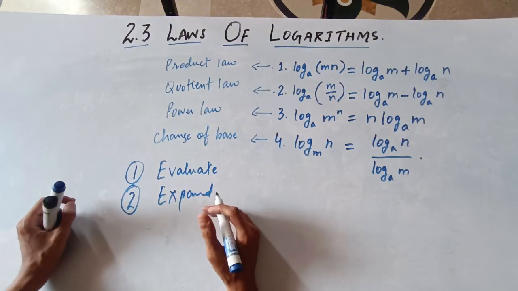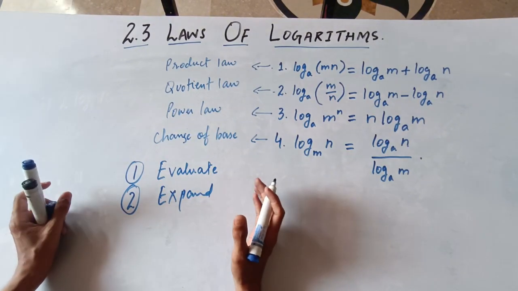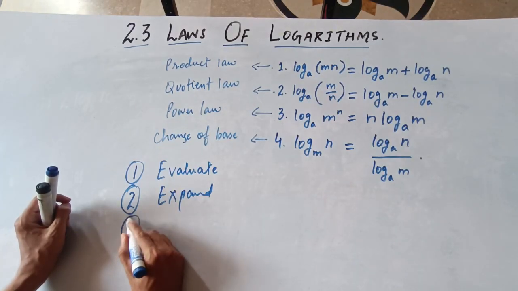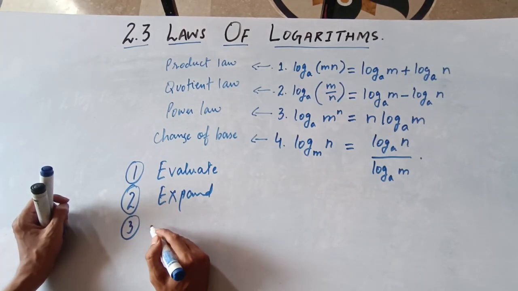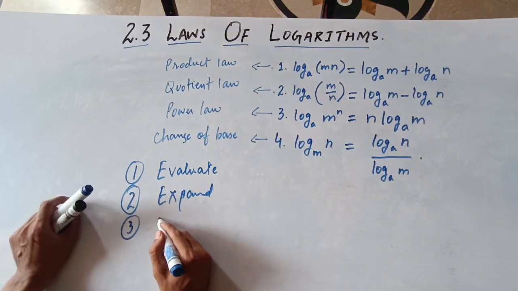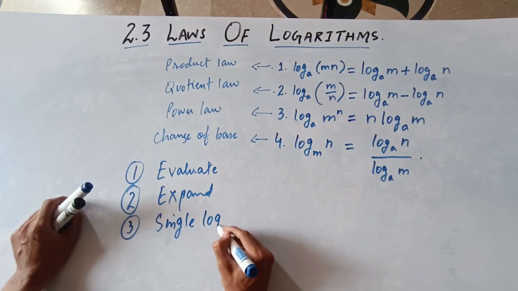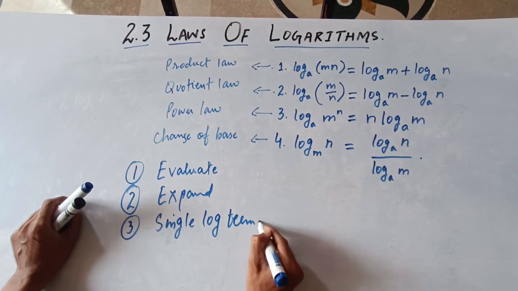Expand means that the question will be given as a single log term, and you need to expand it into multiple log terms. The third one is to write your question as a single log term, which is the opposite of expand. So your question will be given in the expanded form.